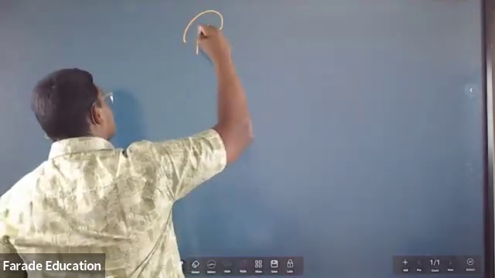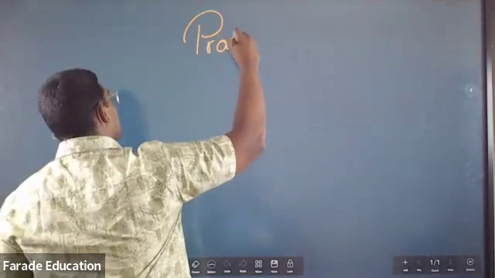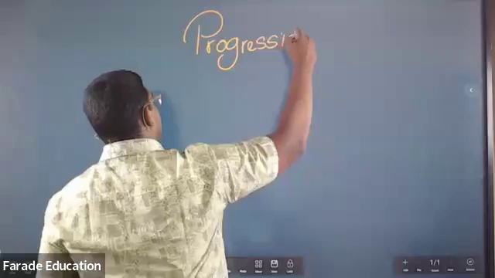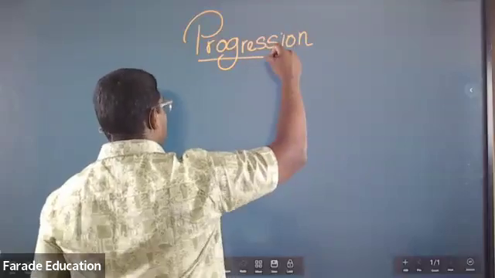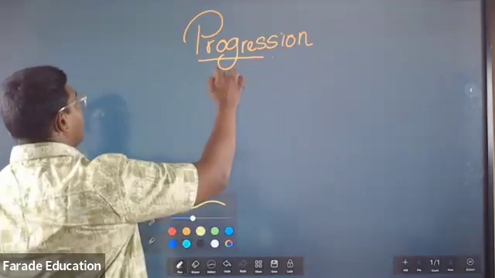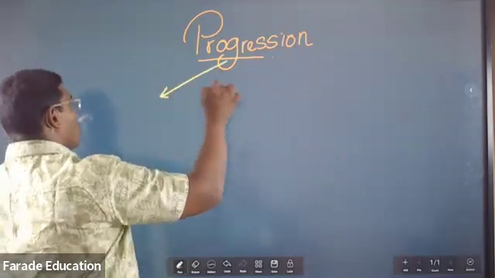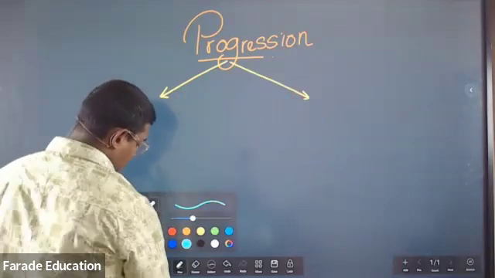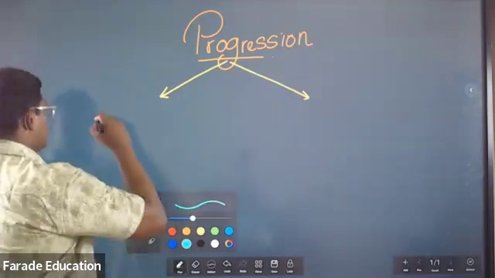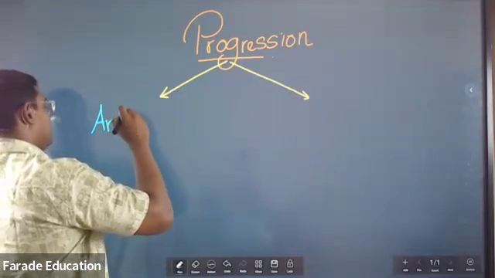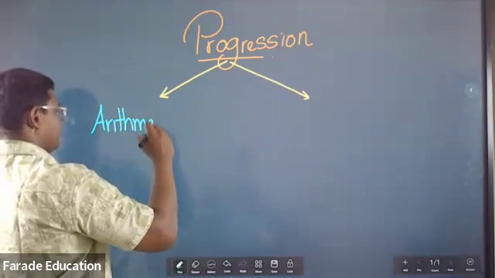Progression, in other terms, is number patterns. This is an advanced version of number patterns. Progression is of two types. One is arithmetic progression.